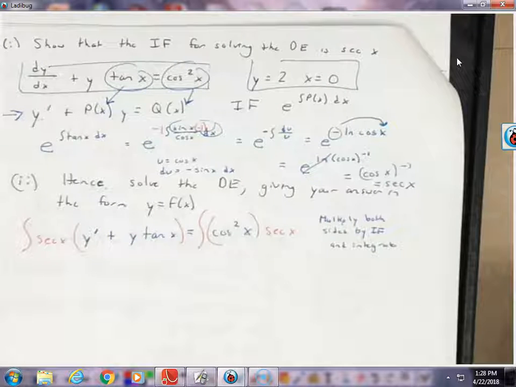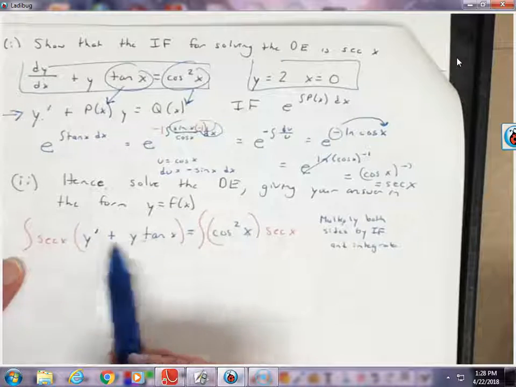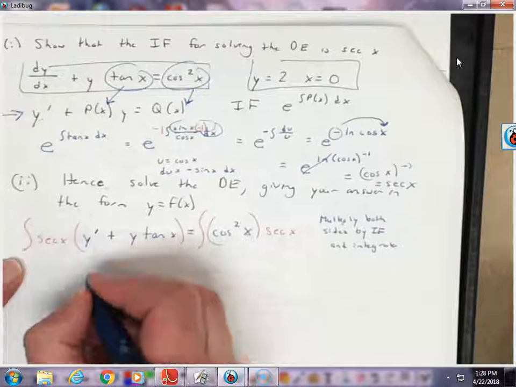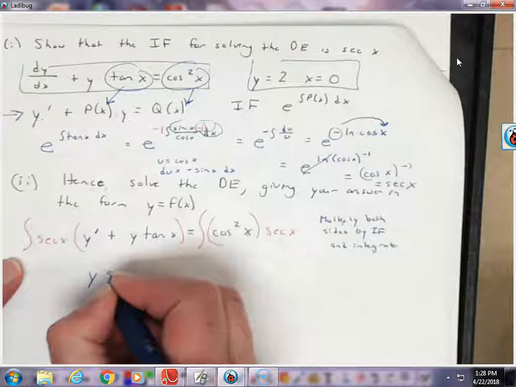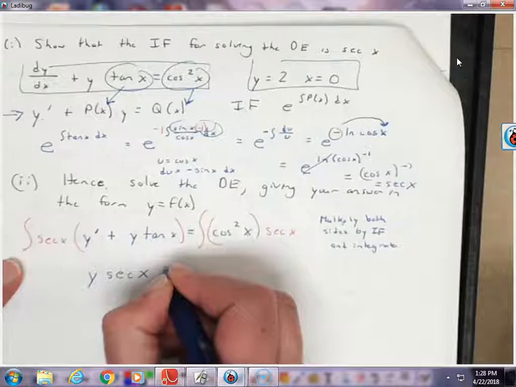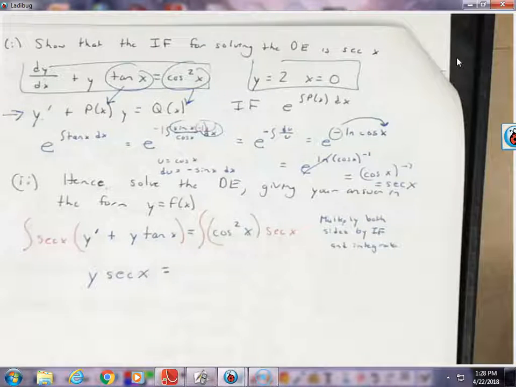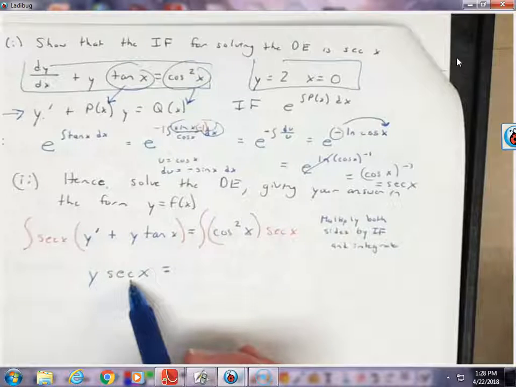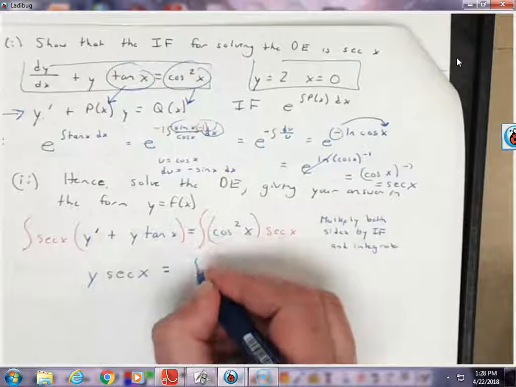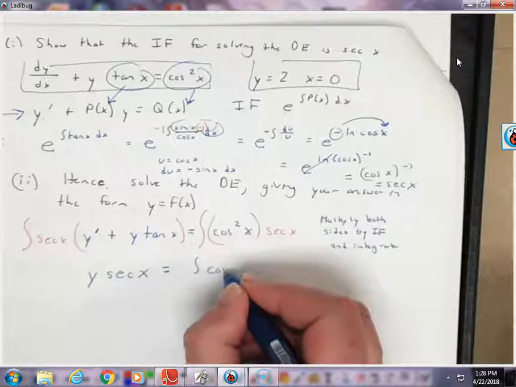Now, what you want to remember here is we've already proven this, but when you integrate this side, it's just going to come out to be y times whatever your integrating factor is. We proved it for the general case. Save yourself a lot of time. Y times the integrating factor. But this side you're going to have to actually integrate.